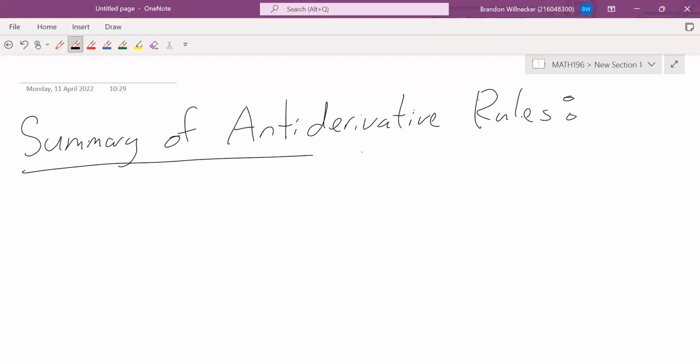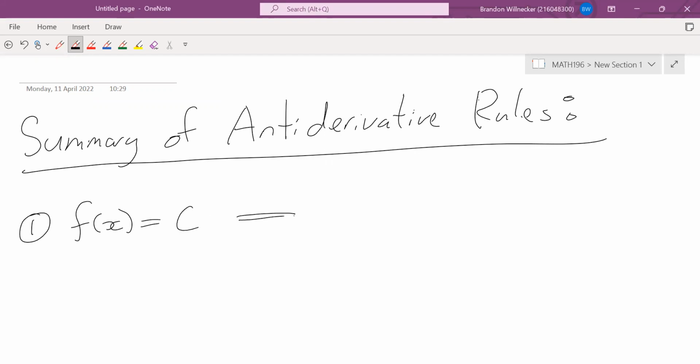Okay, so remember these rules. We need to know them for that first step of integration. You find the antiderivative, that's step 1. Step 2, you evaluate it between the upper and lower bounds. Okay, so the first thing is the antiderivative of a constant. So if f of x is a constant, let's not use c, let's use something like k.